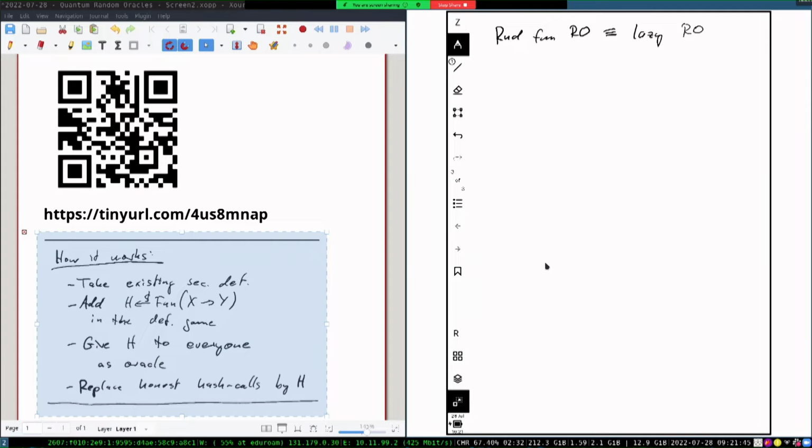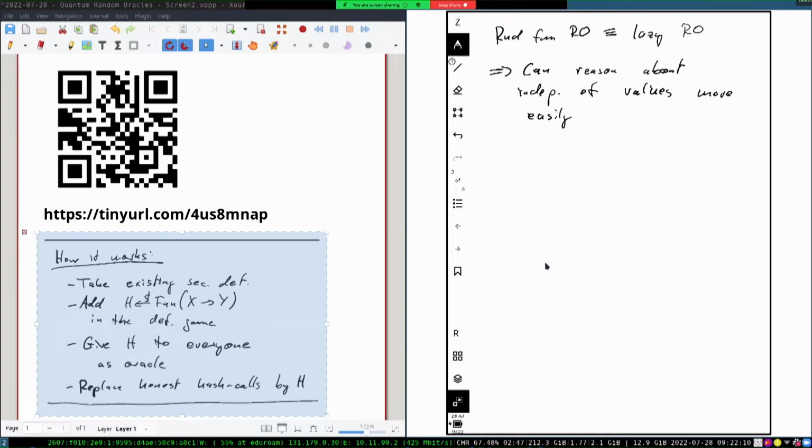And why is it useful to use the lazy sampled oracle? Because we can now reason about independence of values more easily.